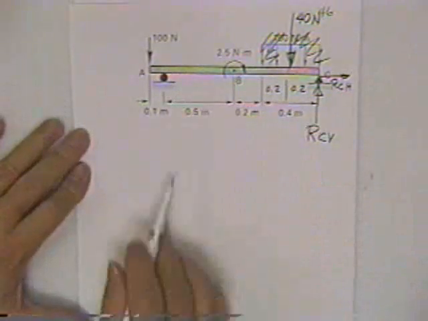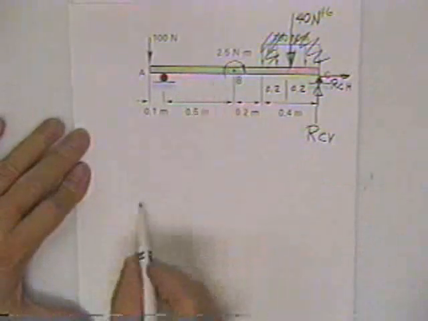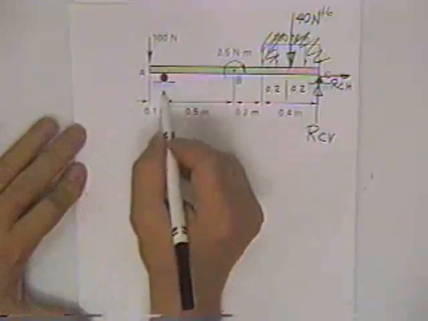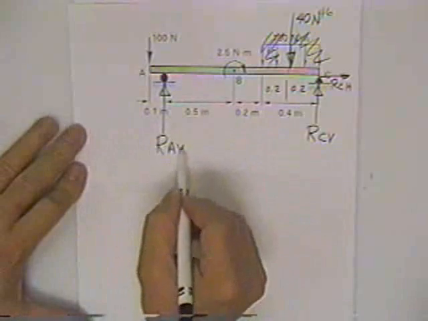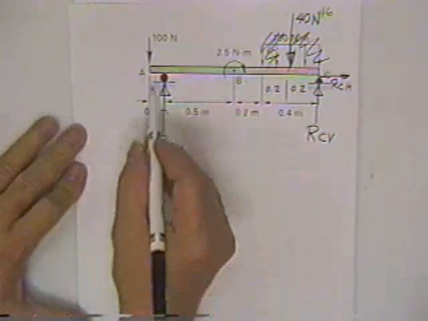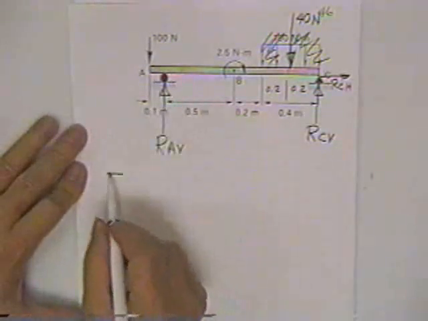Just like all the rest, you need to make sure you know what to do with this moment here. I need a reaction here also, reaction at A vertical. Since it's a pin, one force only.